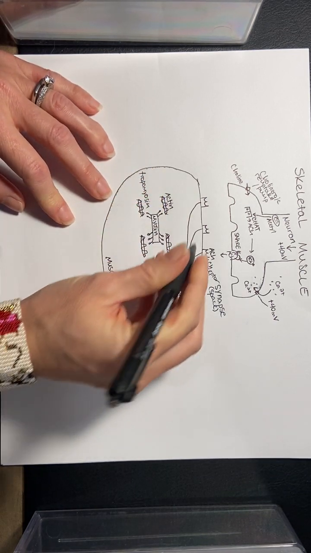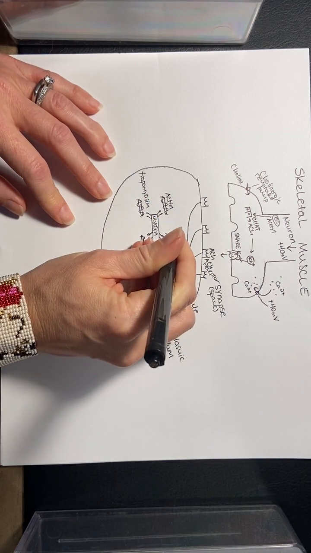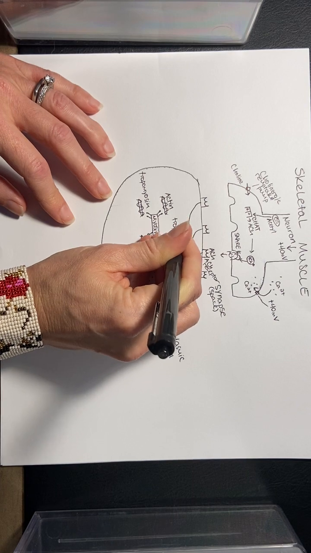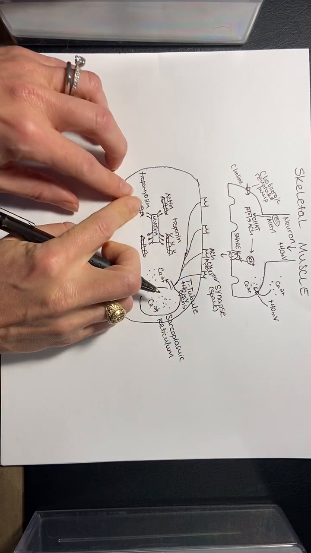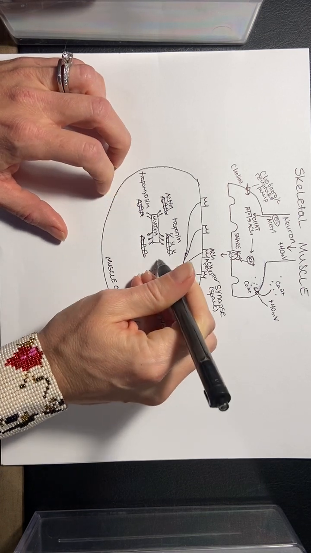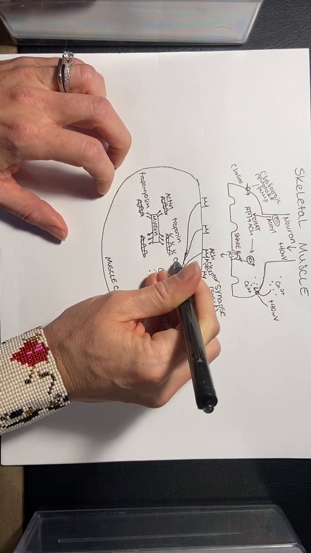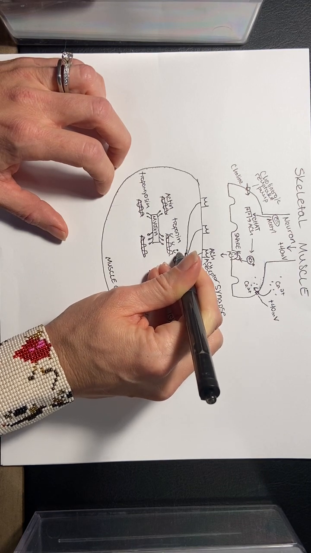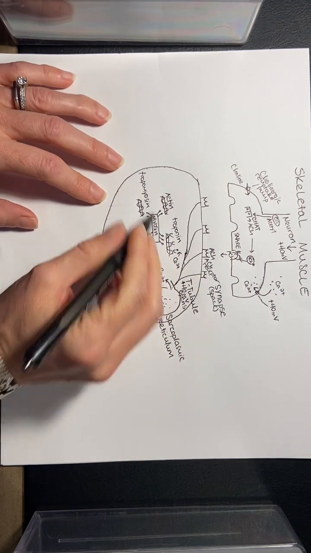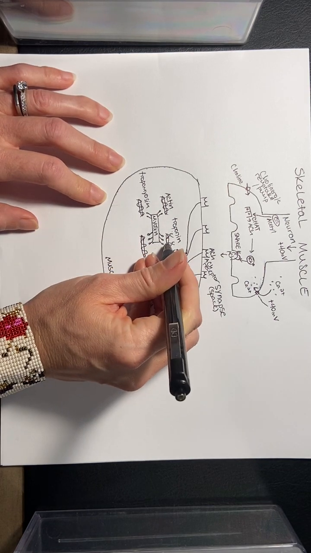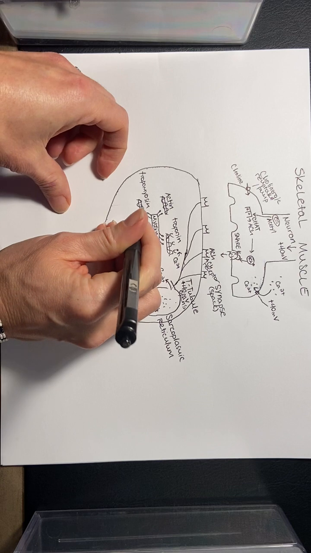Tropomyosin. And tropomyosin has this other protein called troponin that sits on tropomyosin. It actually pins it down. But when calcium binds to troponin, so here's calcium, then the tropomyosin moves out of the way, and myosin heads are able to bind to the actin and pull the actin together.